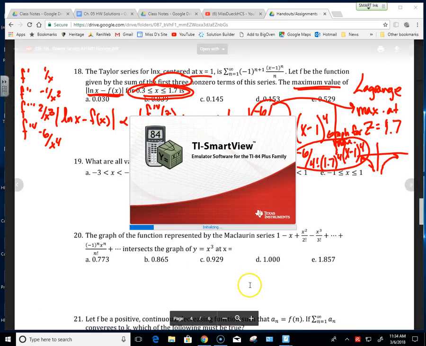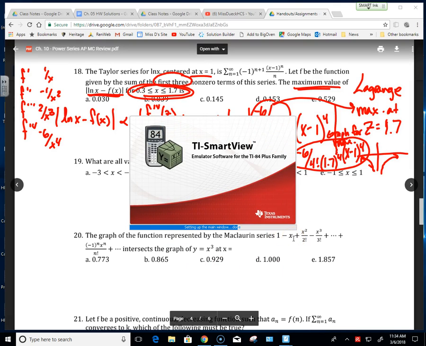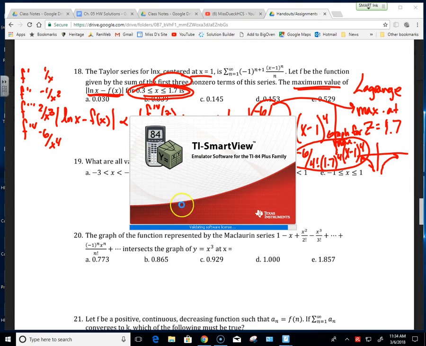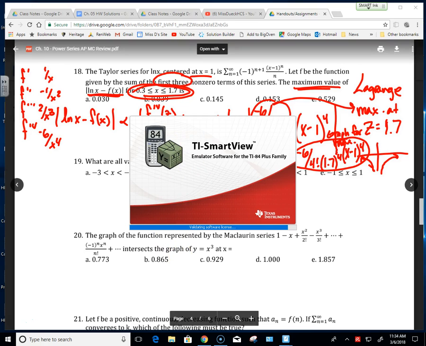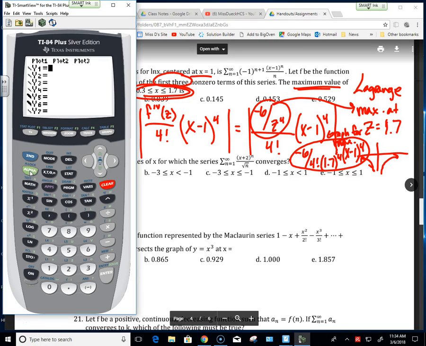When does a p-series converge? Oh yeah, because of the power. 4 times 3 times 2 times 1 is 24, right? 4 factorial.